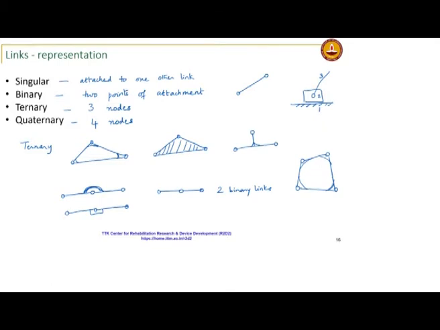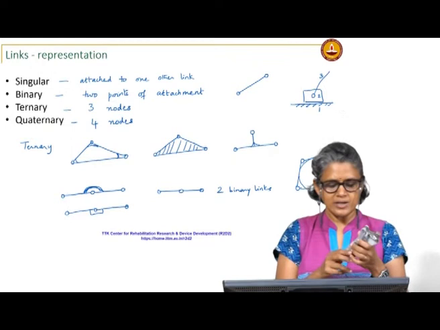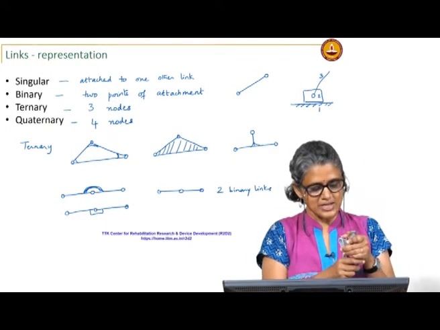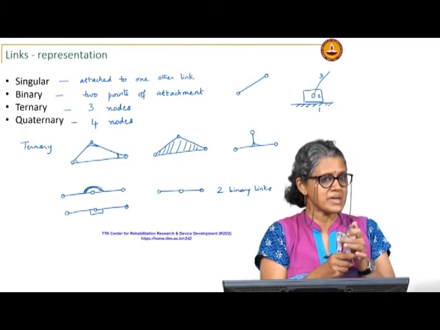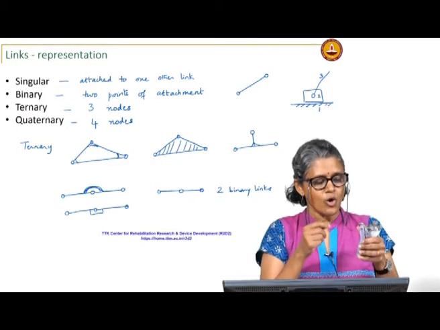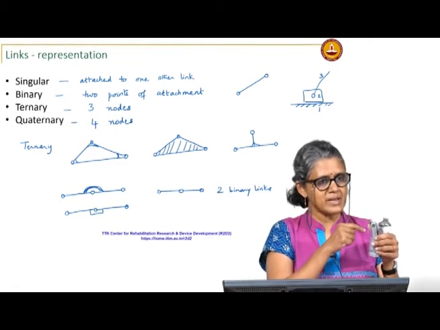You can see here this is a mechanism. A lot of the things we are doing initially, and in the majority of the course, will be planar mechanisms, where all the points on the mechanism move in parallel planes.